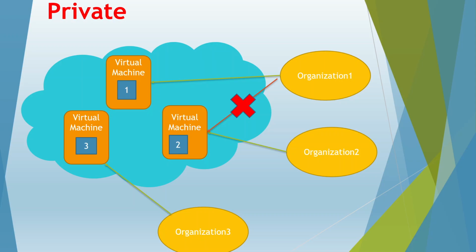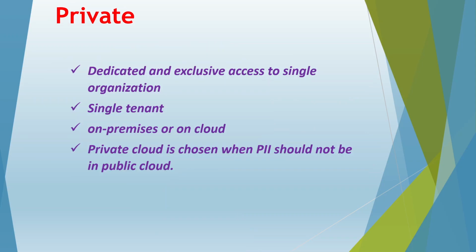It will be managed and controlled only by the organization on whose premises it is deployed, because no one else can access the on-premise cloud. We have discussed the on-premise deployment of a private cloud. Similarly, if it is deployed on a cloud, it will be managed and controlled by the organization and also the cloud service provider.